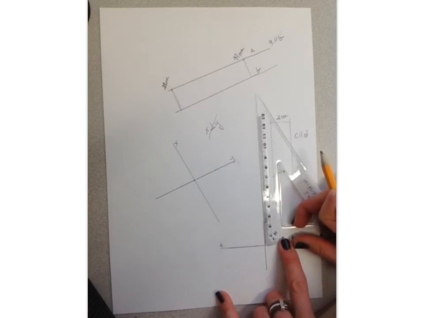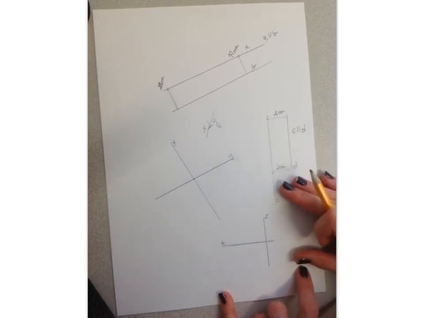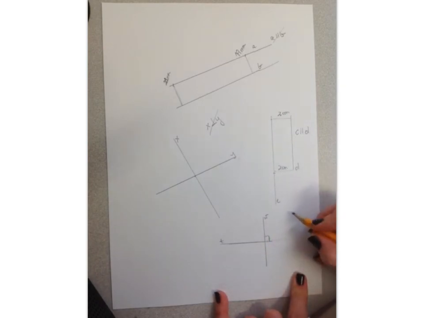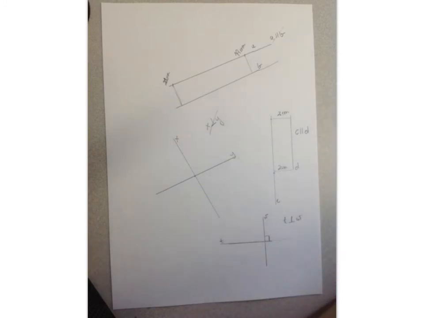This is perfect as well. If one is 90 degrees, that means every angle is 90 degrees, so we can mark it in here like a small square, and we can write down T is perpendicular to W, okay? So this is the way to check whether they are actually perpendicular or parallel, okay? And you can draw a few lines for homework and just practice.